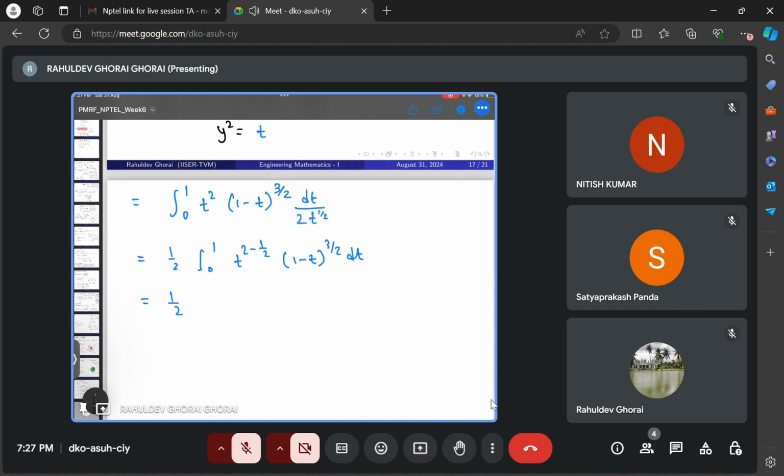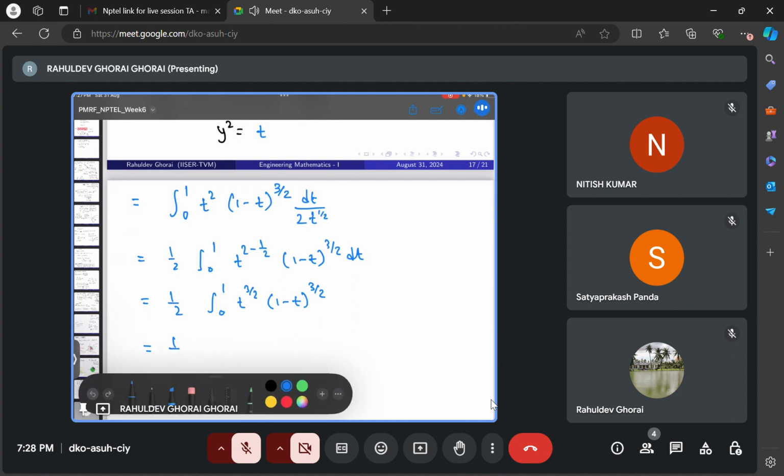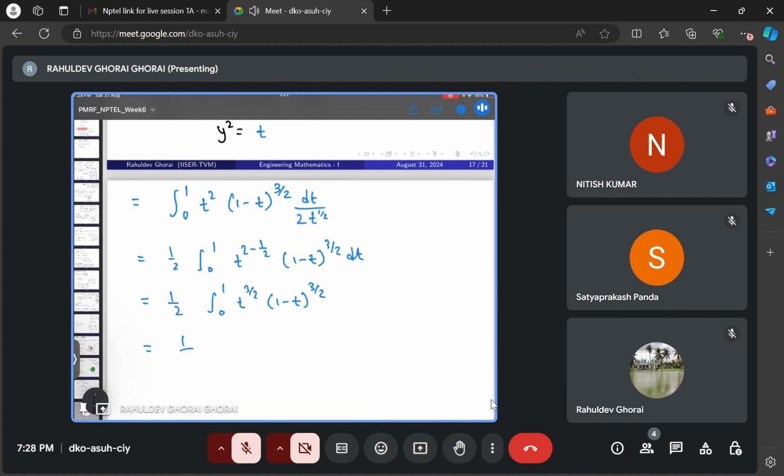Half, is it coming as 0 to 1 t to the power 3 over 2 times 1 minus t to the power 3 over 2? Okay. So that implies half, 0 to 1. What is this then? This is nothing but half beta of 3 by 2 plus 1, 3 by 2 plus 1.